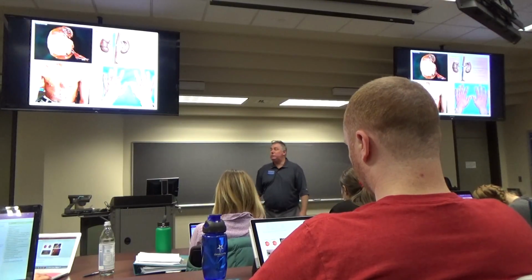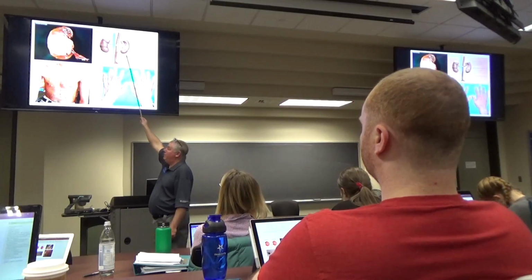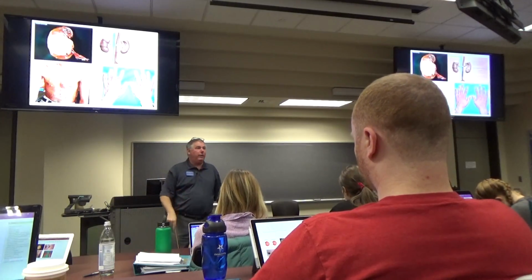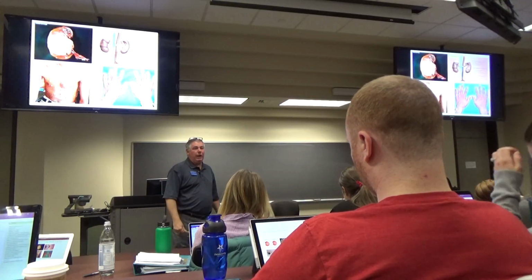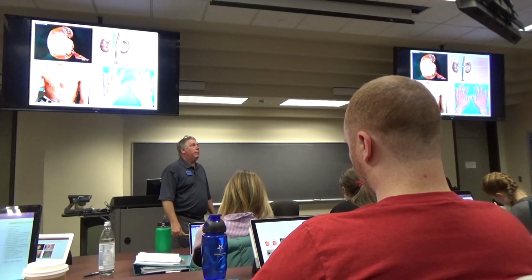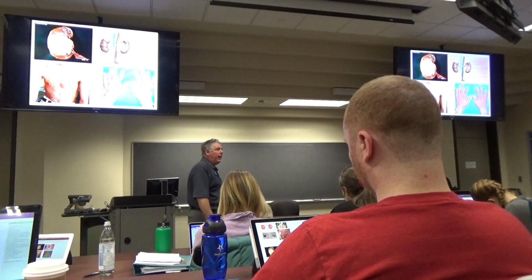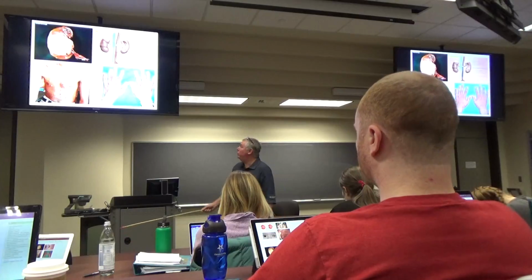So this is a Wilms tumor up at the top here. This is a common tumor of children. This is why you feel for the kidneys when you do an abdominal exam on a child. Very common tumor. The bottom is von Recklinghausen's disease, neurofibromatosis, where you have these tumors.